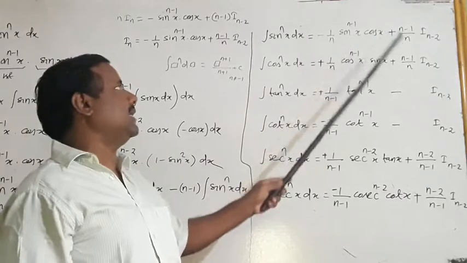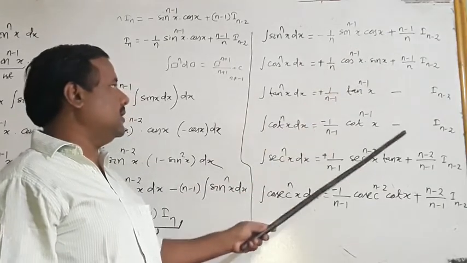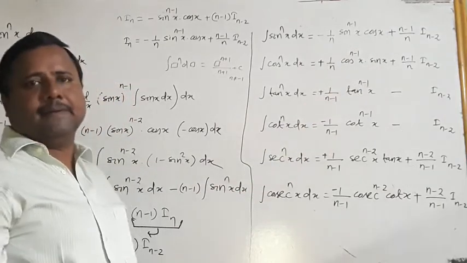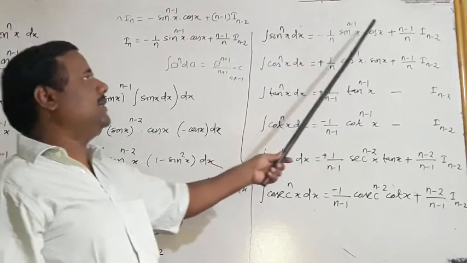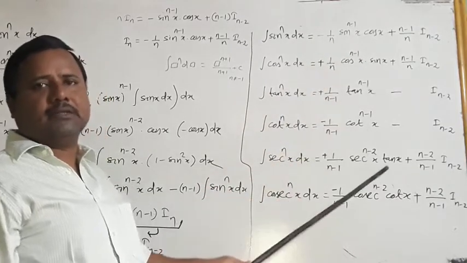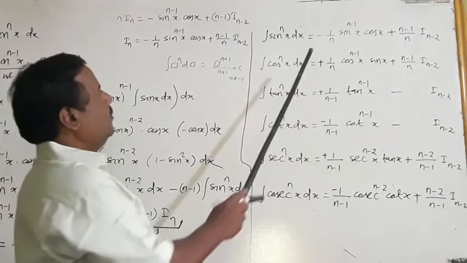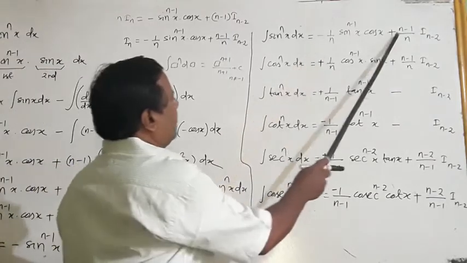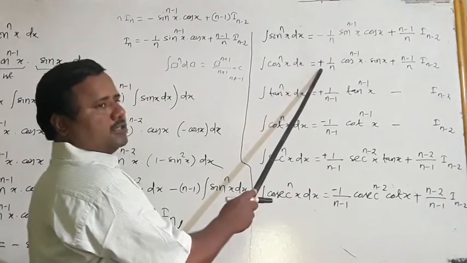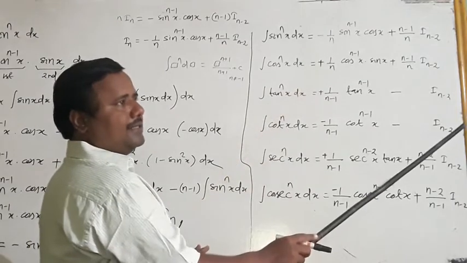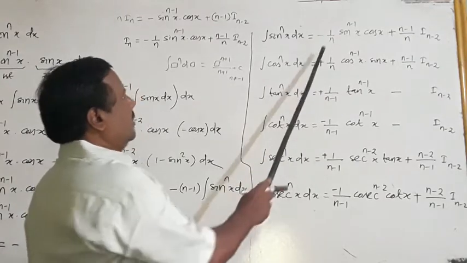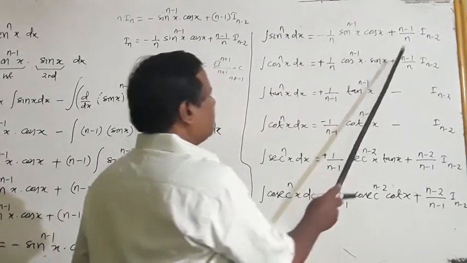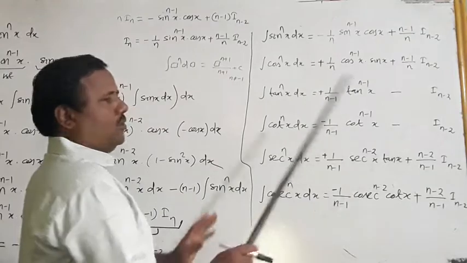Next, here what is the sign? Plus, minus, plus. What is that? Minus, plus, minus. Then it is plus, minus, plus. And again, look at it. Minus, plus. Okay. Then you can write easily minus, plus, then plus, minus. Minus, plus, minus, plus. Okay.